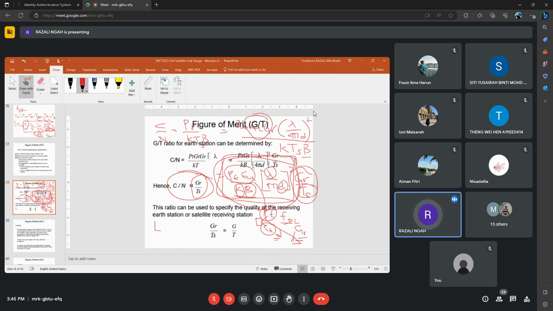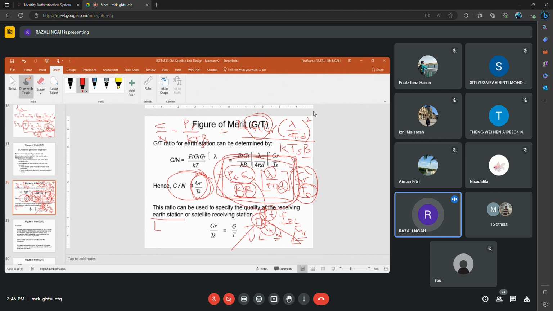So that's why we say that G over T is used to determine the quality of a receiving system, not necessarily an Earth station. For uplink, G over T refers to the satellite, because the receiver is at the satellite for uplink.